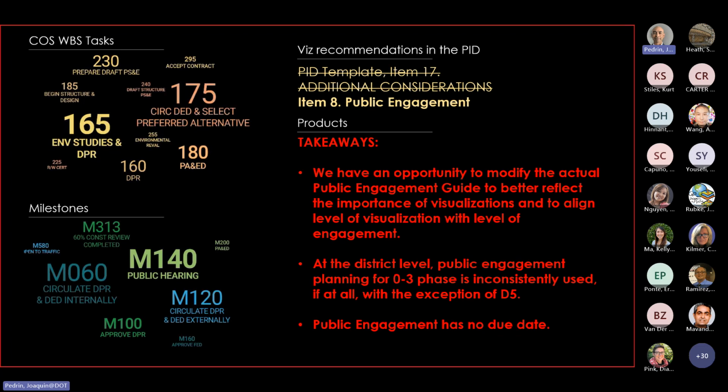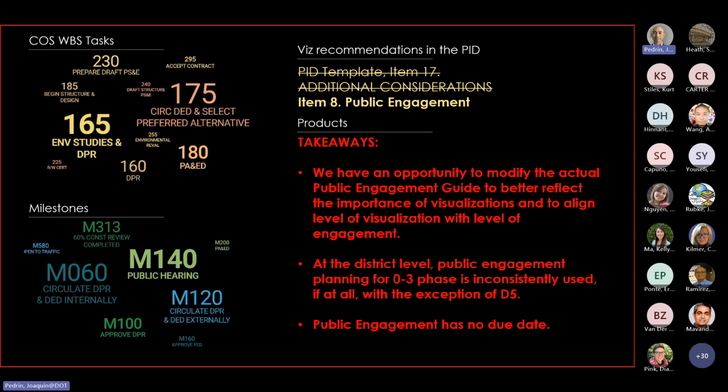A fantastic tool for spelling out exactly what type of visualizations would be needed for a project. The language in the current edition needs a little help around visualizations, and Sarah was kind enough to invite us to edit that public engagement plan guide a bit. So that is upcoming.